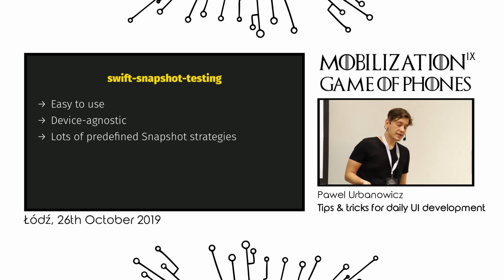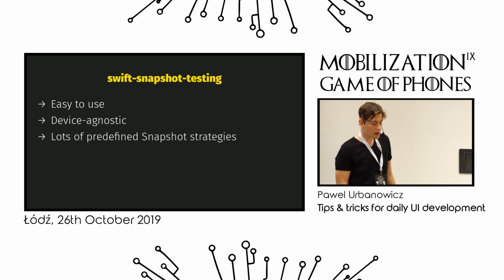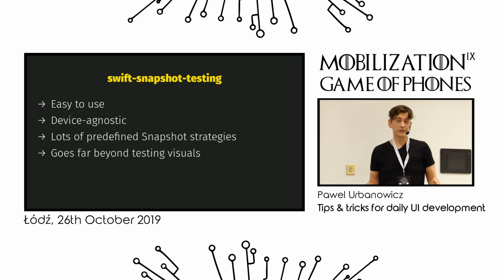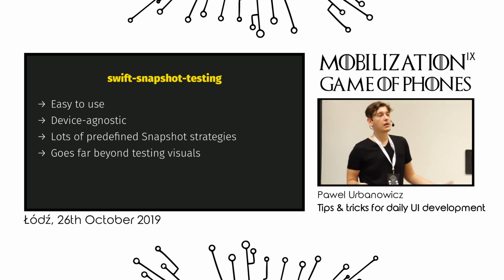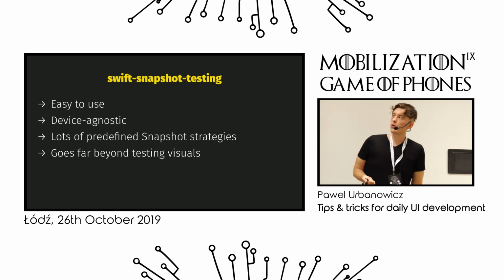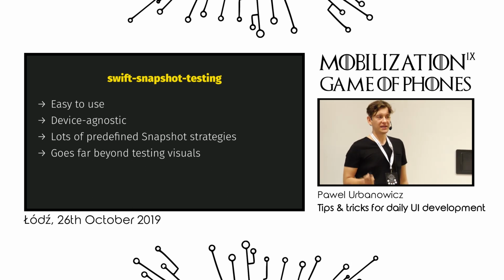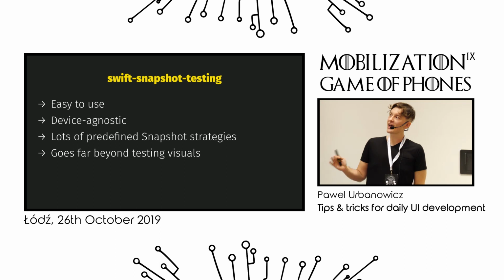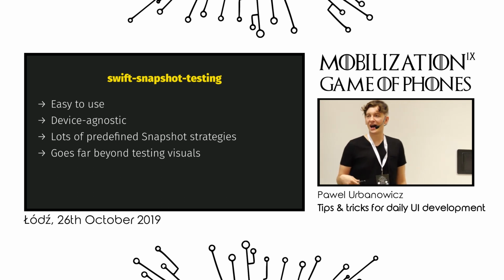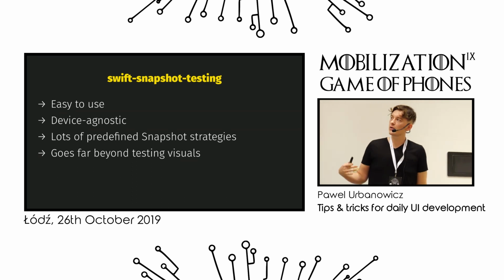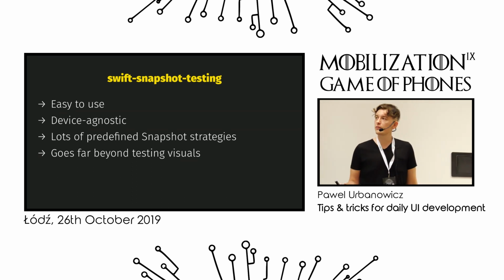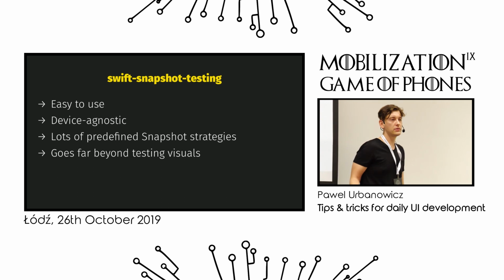And you can test against your views, view controllers, CALayers, but it goes far beyond visual testing. So you can use it for URL requests or encodable types or any type of Swift type. And by any, I mean any, because it's also using the dump method from the Swift standard library underneath to create the snapshots.